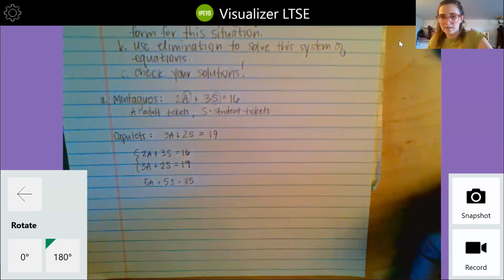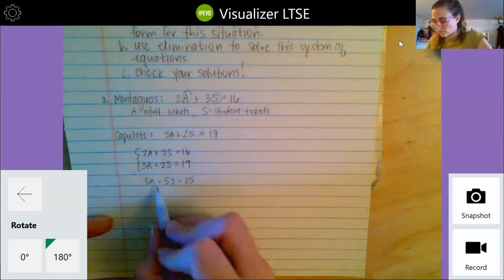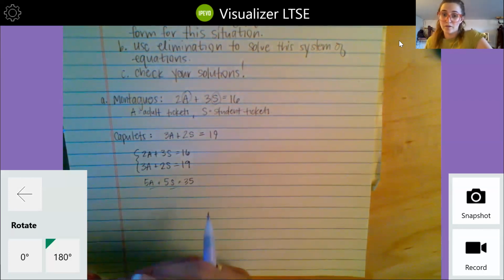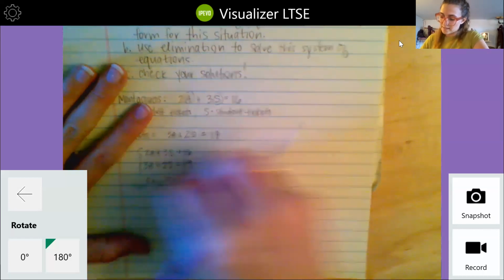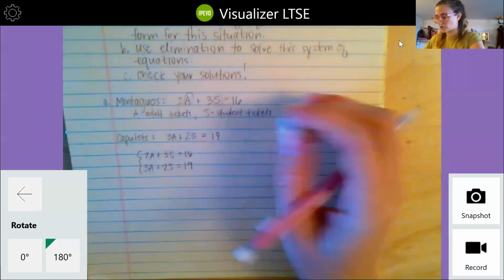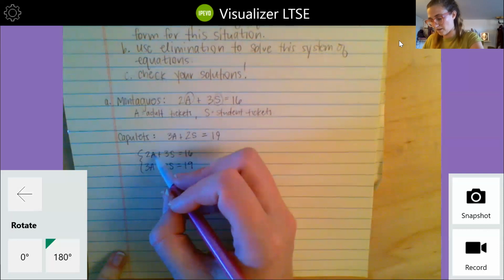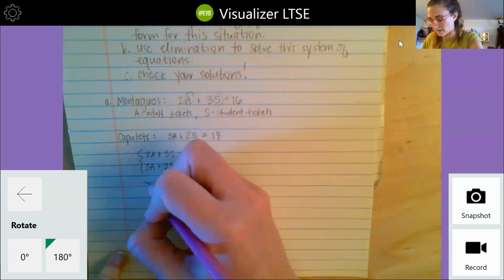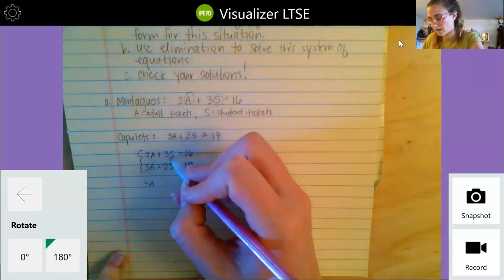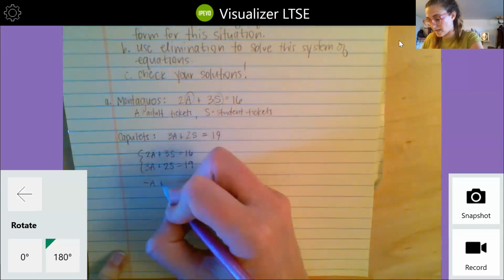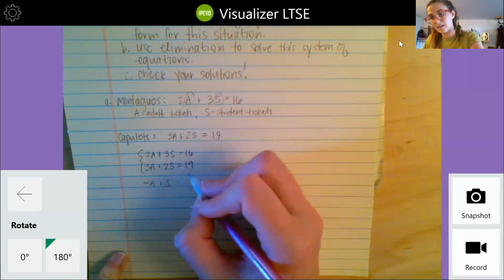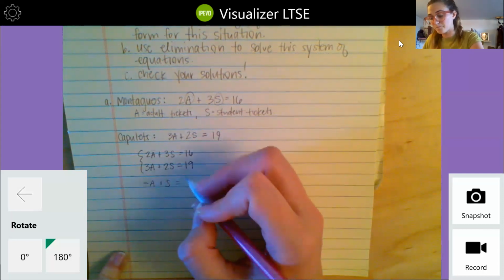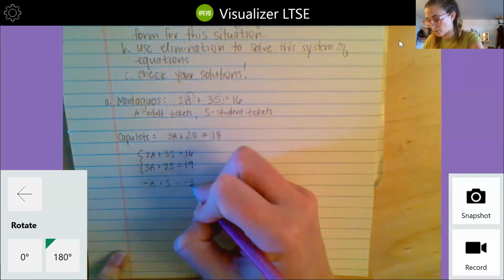And I'd still be in the same boat where I have two different variables and I don't know the value of either of them. So that's not going to be an option. Same with subtracting. If I tried to just subtract, I would get 2a minus 3a is negative a, and 3s minus 2s is s, and that again equals 16 minus 19, which is negative 3.